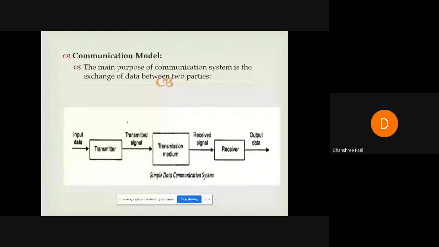Then we have seen the communication model, and the role of every term within it. Data is converted into 1s and 0s format.